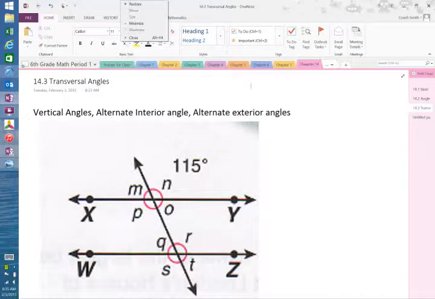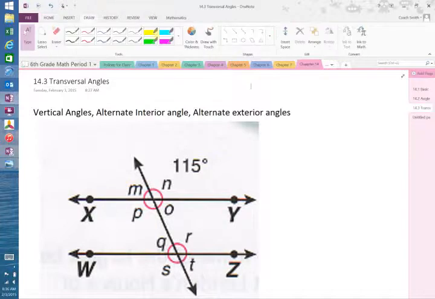14.3. We're going to talk about vertical angles, alternate interior angles, and alternate exterior angles. Now remember, an angle, for example this right here, would be angle M. That's how we would describe that angle.